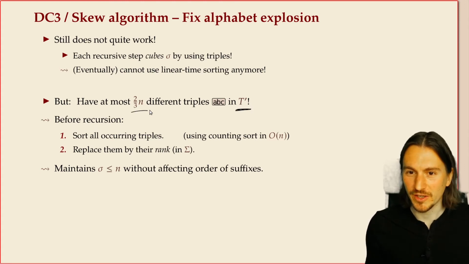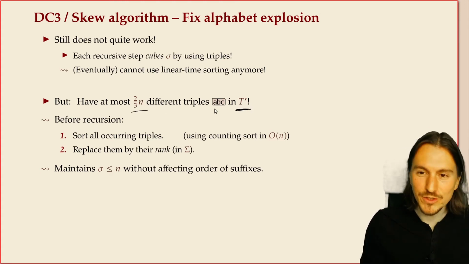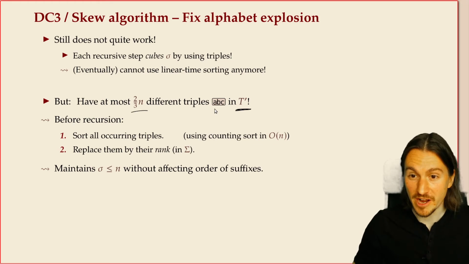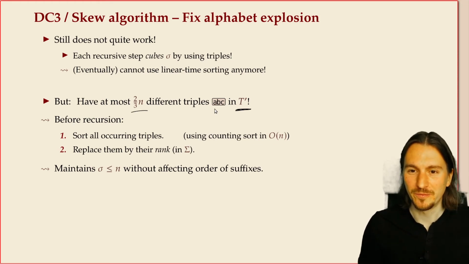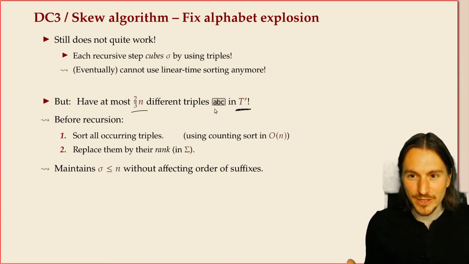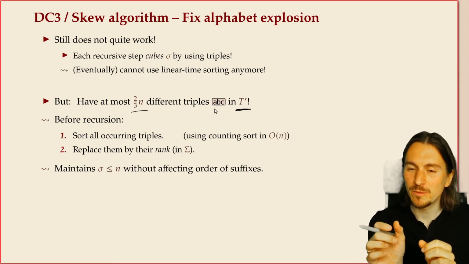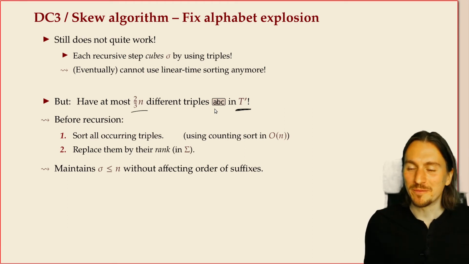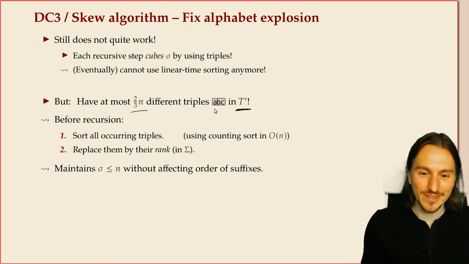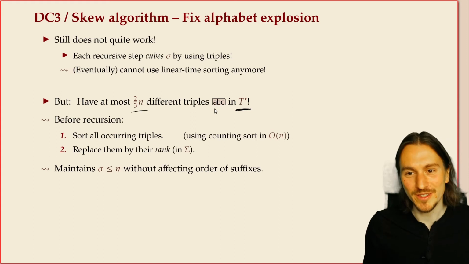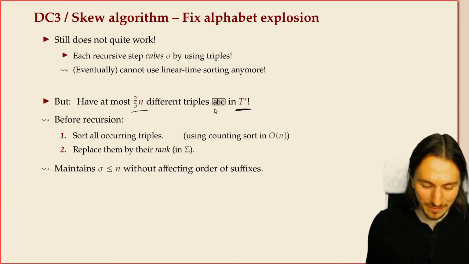That's the length of this text. So there can be at most that many different triples that are actually occurring in our text. So what we do is an alphabet reduction, a step where we replace the actual triples by a number, or by a different alphabet if you want, but it's convenient to think of these as numbers.